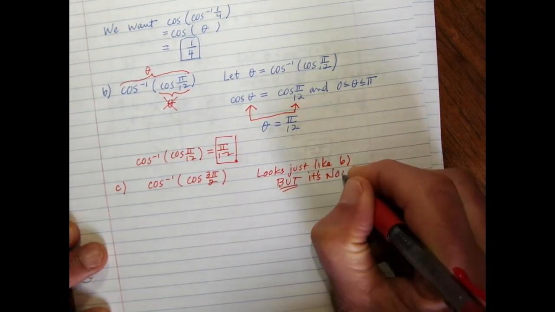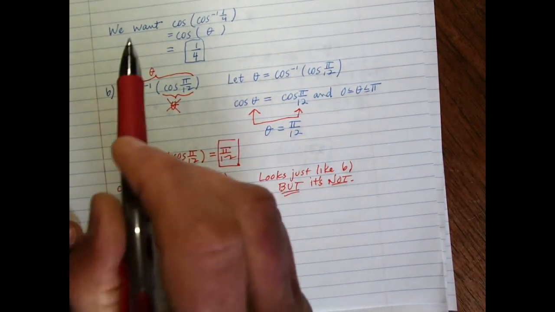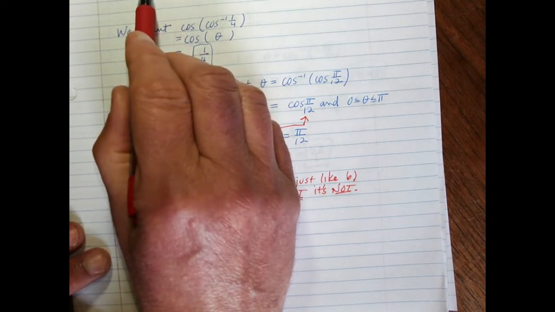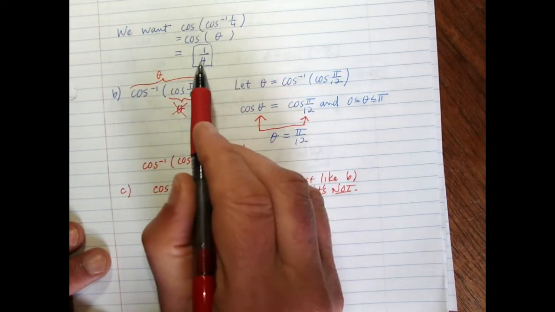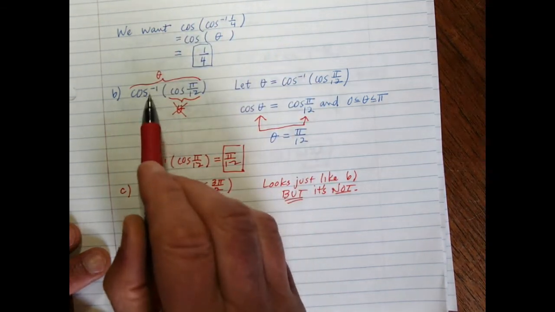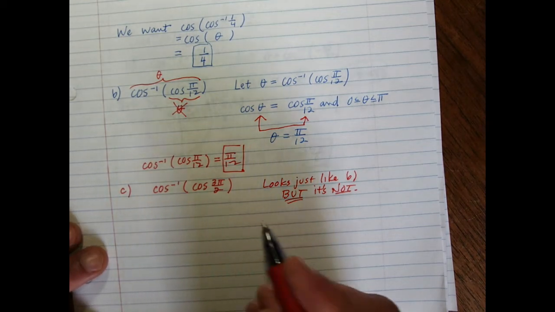So there's a little fine point here. Usually, in most normal situations, a function and the inverse, when they're composed, cancel out and leave you with the value you start out with. Same here. The situation in C is a little bit different, though.